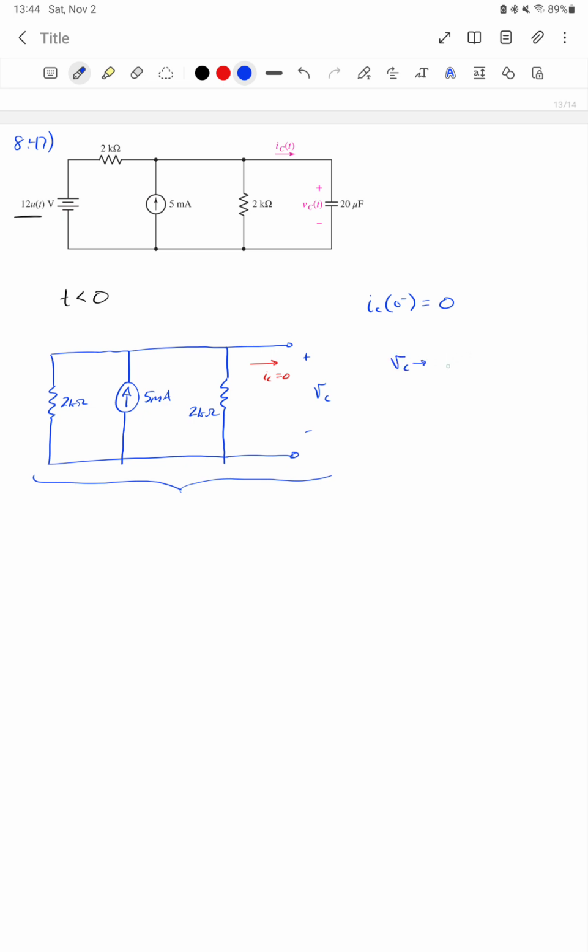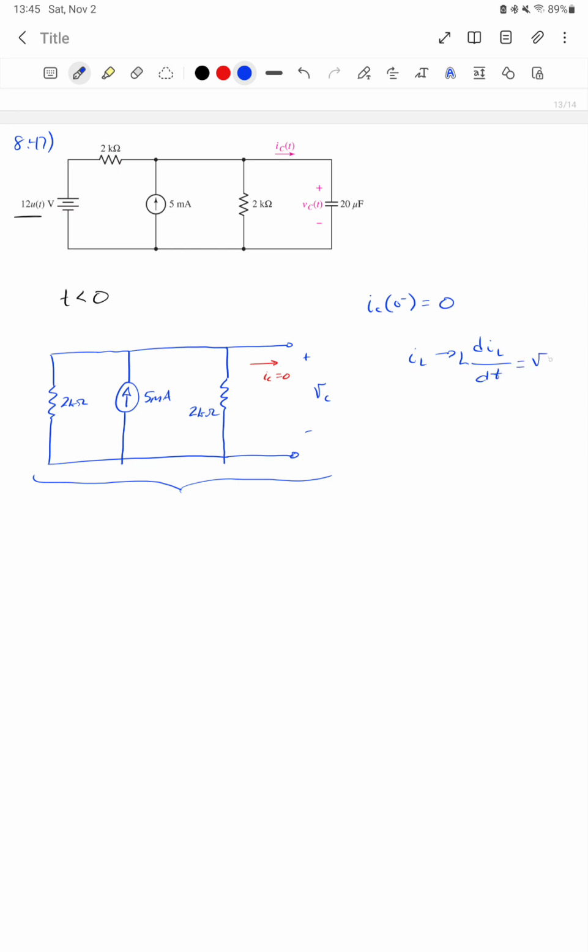Your VC, well, if you want dVC over dt, which is what your differential equation is going to be built by, you want your IC divided by C. That's the same thing we wrote earlier, right? So when you're trying to find your VC, you're going to be using a lot of currents. When you're trying to find your IL, you're going to be wanting to do the opposite, where you want L dIL over dt.